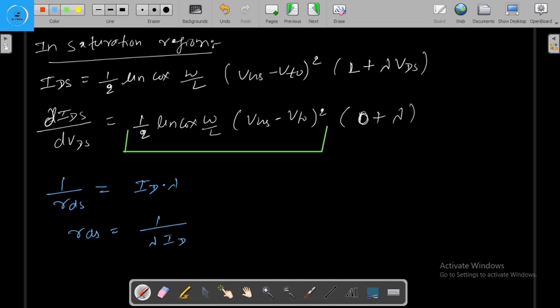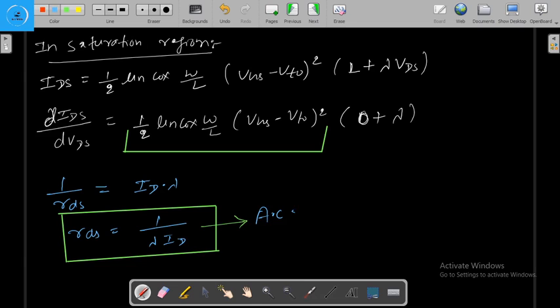This RDS, this drain to source resistance in the saturation region, is called the AC resistance, or we can say this is the incremental resistance.